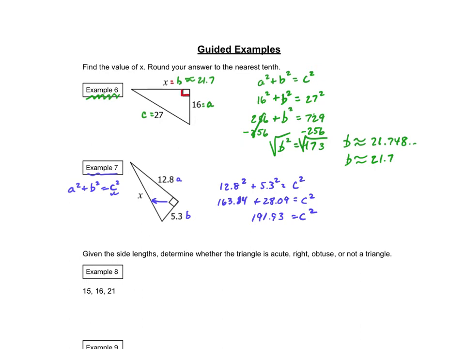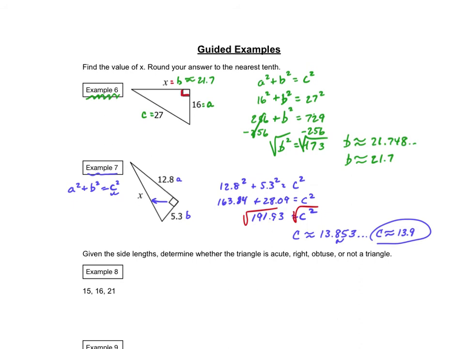Now if I go ahead and find the square root of both sides, that would give me the value of c is going to be approximately 13.853, and it will continue on, but we will round that to approximately 13.9, because that 5 will round the 8 up to a 9. So there you go. C is approximately 13.9.